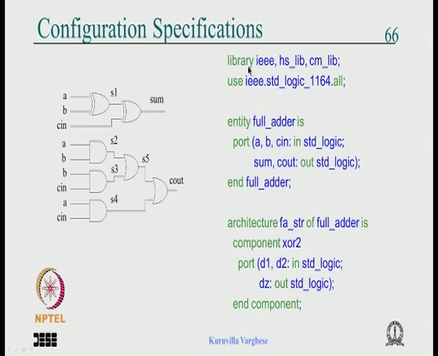So this is the library declaration, where we are assuming that in addition to IEEE there are some HSLib, CMLib where these AND gates, OR gates and XOR gates are put, and this is the full adder entity.